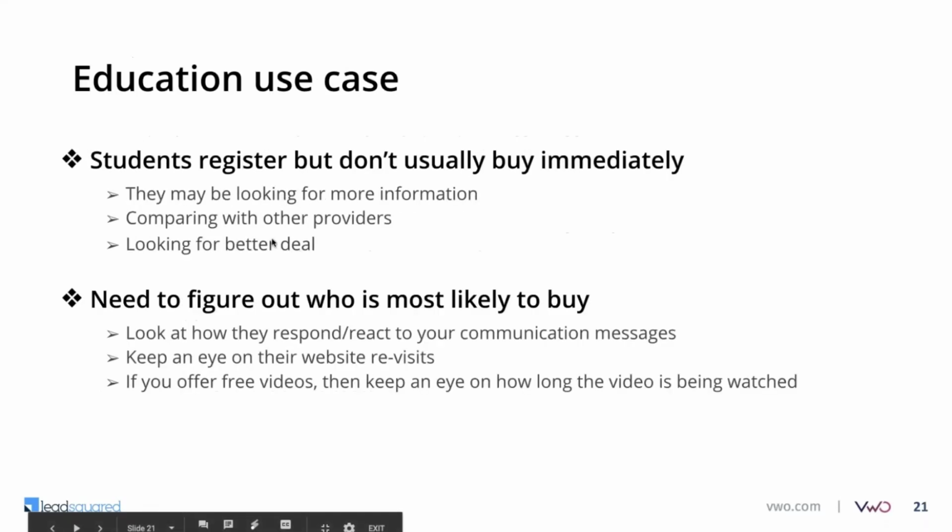So what are the scenarios where I have observed this is working for the customer, right? In the context of education businesses, what I've found is that we have a lot of customers where a student usually buys over a period of time.